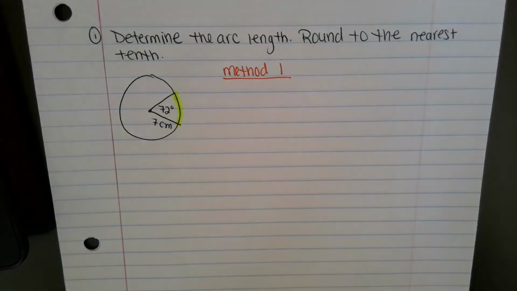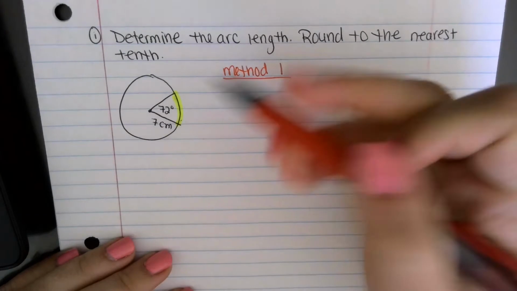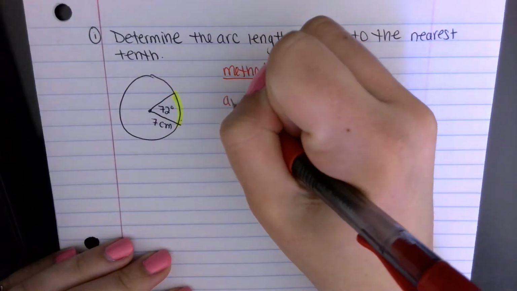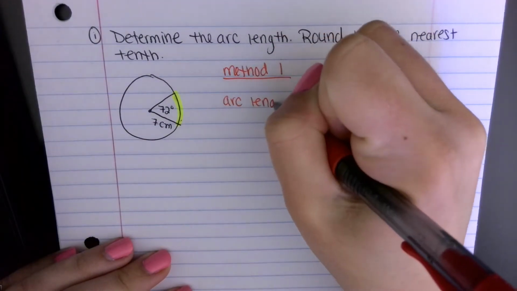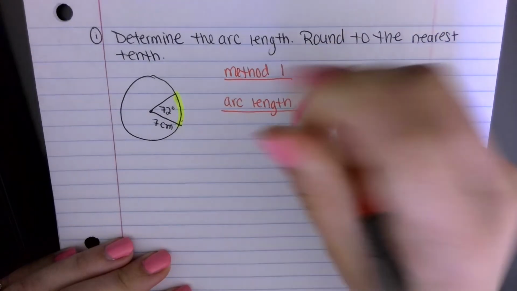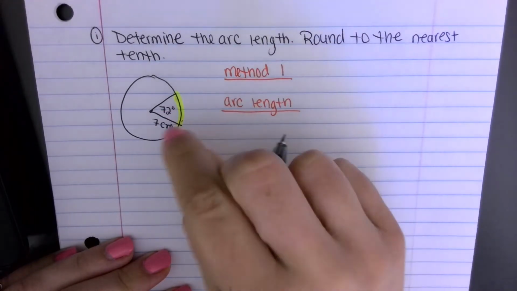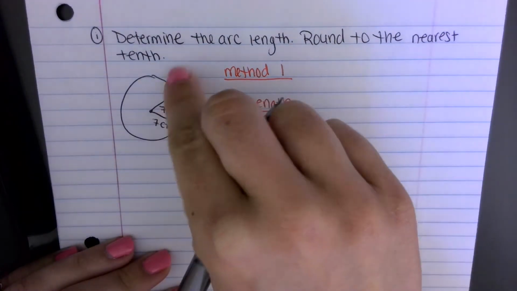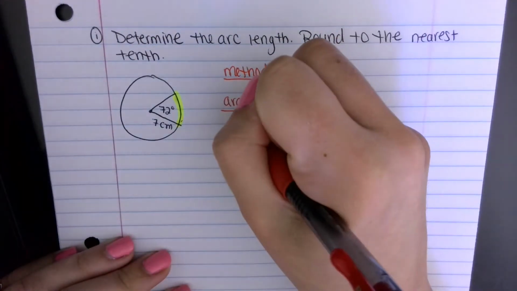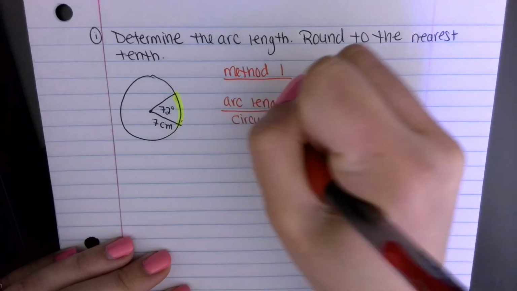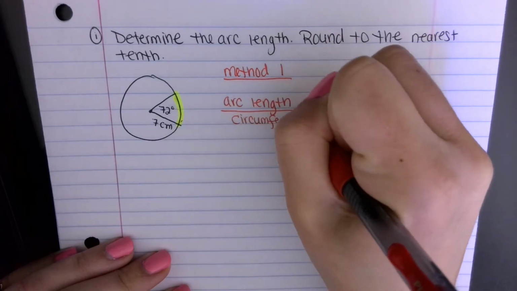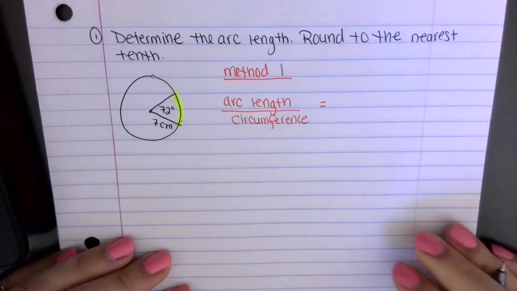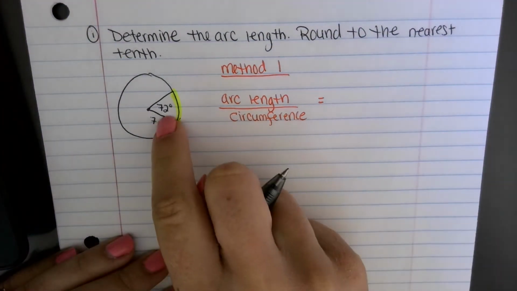So I'm looking for arc length. This little arc length, it's part of the whole circumference. So it's your arc length over circumference, and it's equal to your central angle.